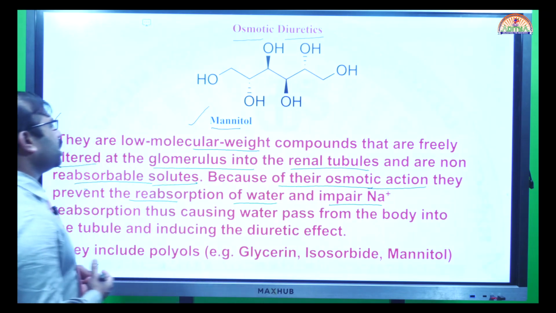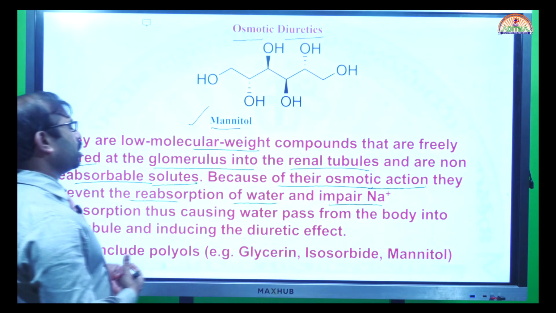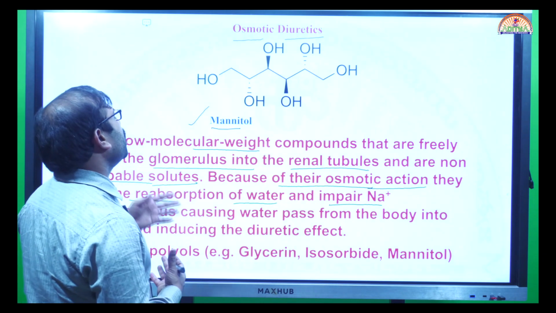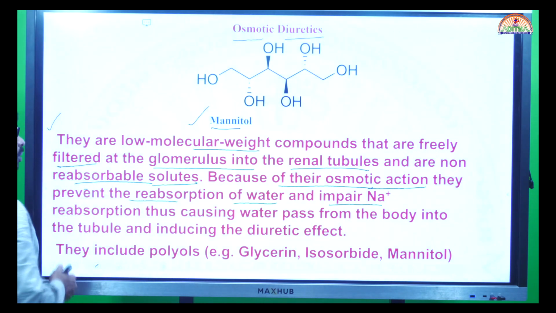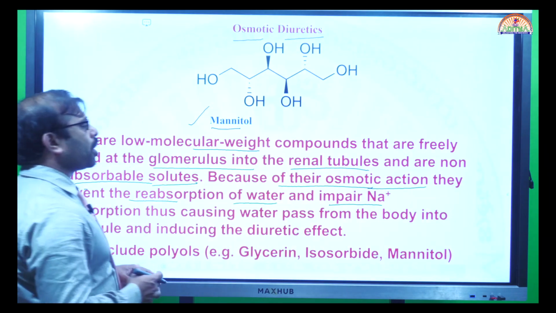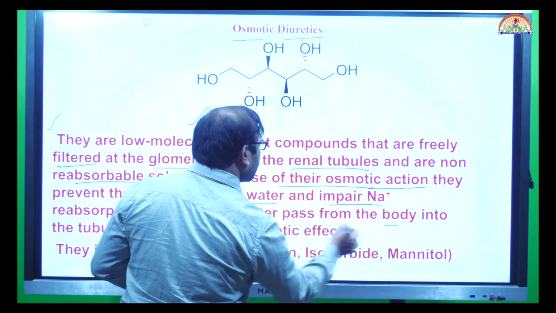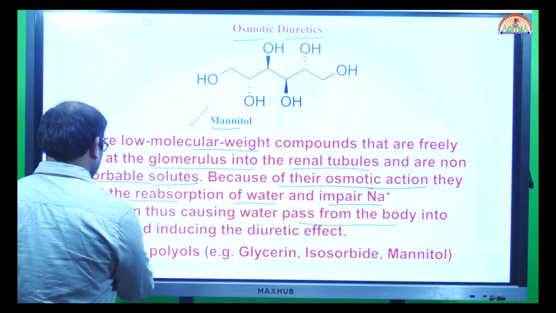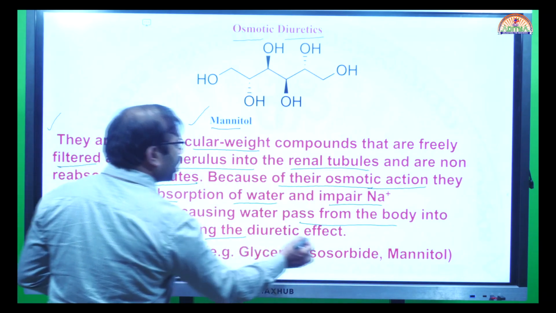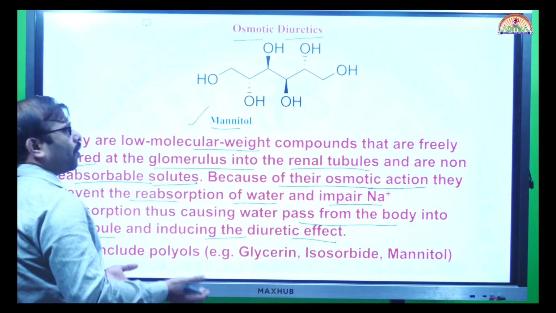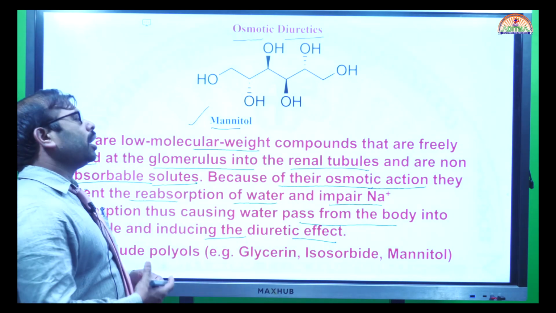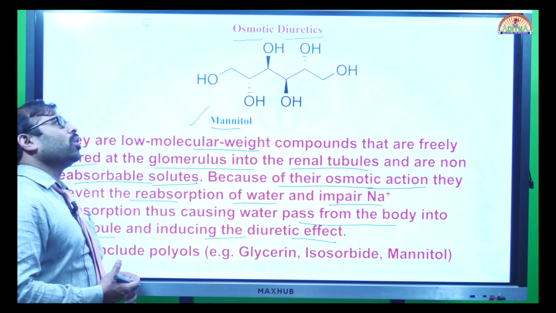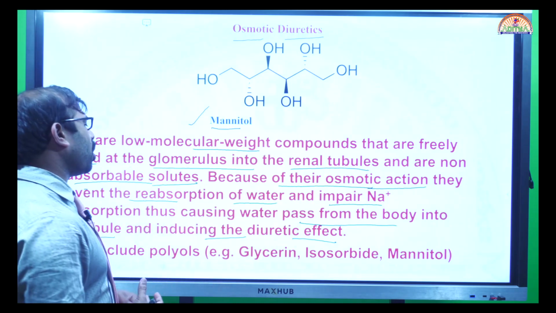Okay, and that shows the diuretic activity of these osmotic diuretics, right? Thus water passes from the body into the tubule, inducing the diuretic effect. That's how they show their diuretic activity by simply the osmosis phenomenon.